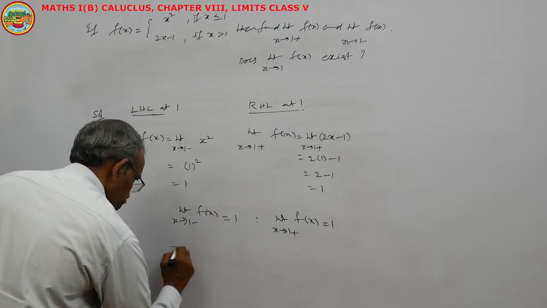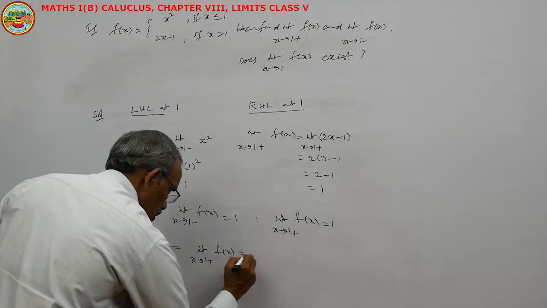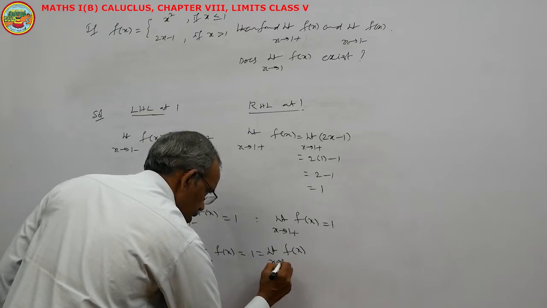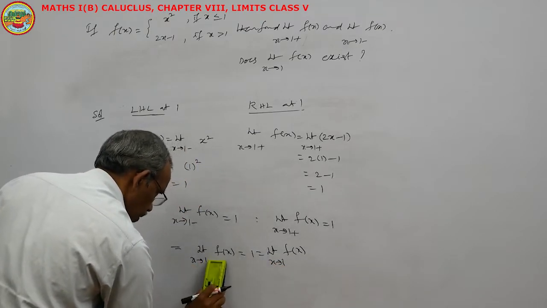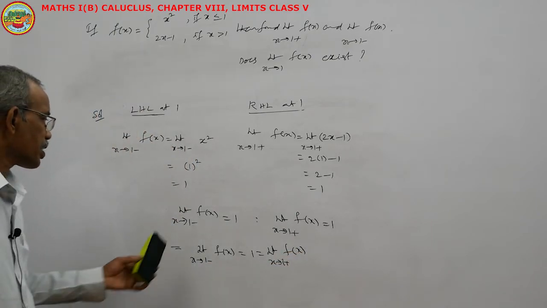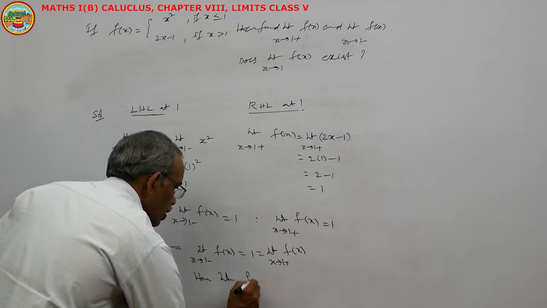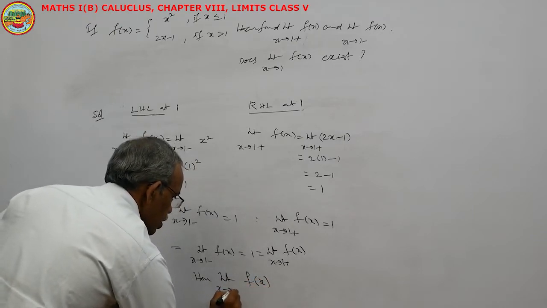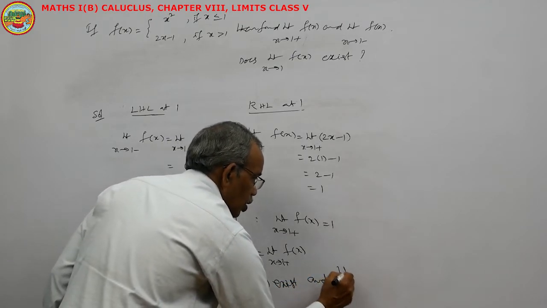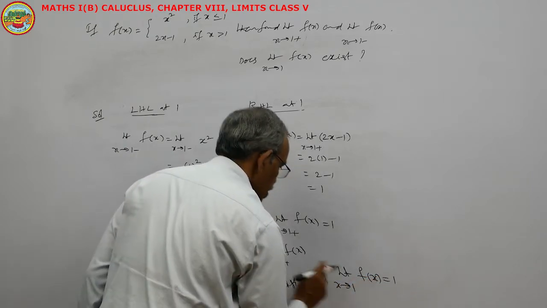Hence the left hand limit at 1 minus and the right hand limit at 1 plus are both equal, both exist and are equal to 1. Hence the limit of f of x as x tends to 1 exists, and the limit value of f of x as x tends to 1 is equal to 1.